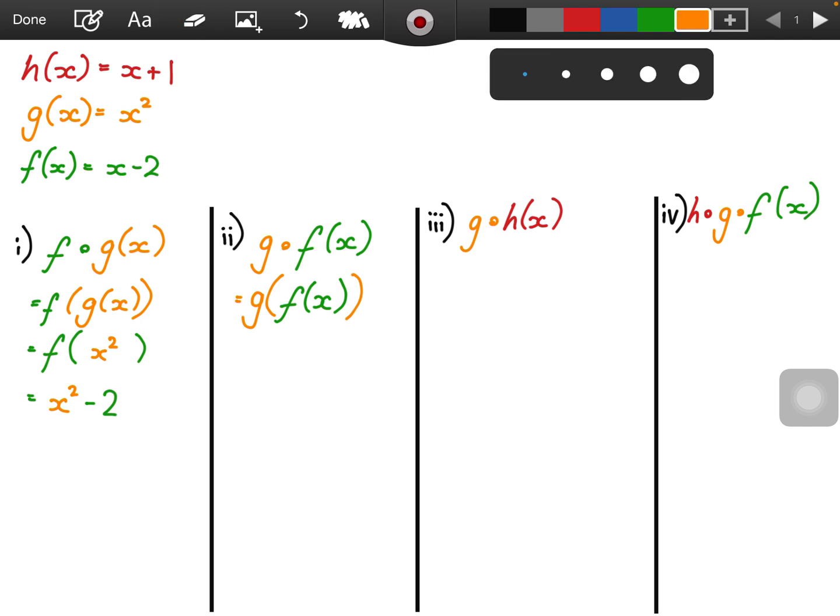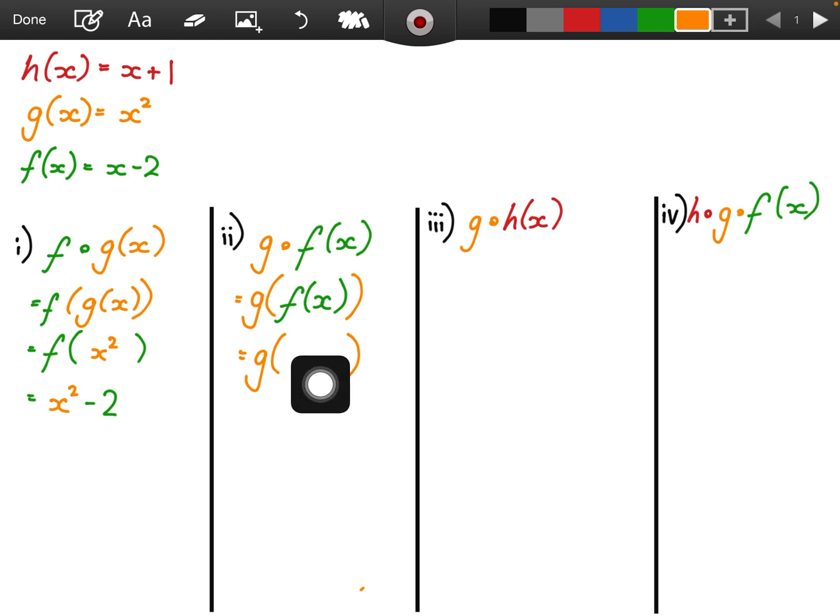Now I can see straight away here f of x from up here is equal to x minus 2. So that is what I'm going to be inputting now. It is now my input into the function g of x. So where x was is now x minus 2.